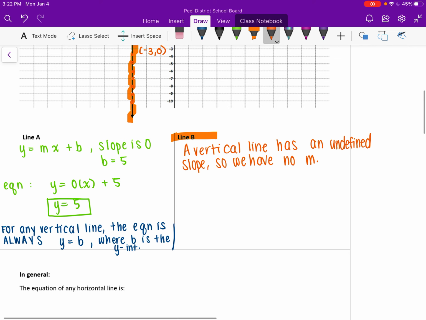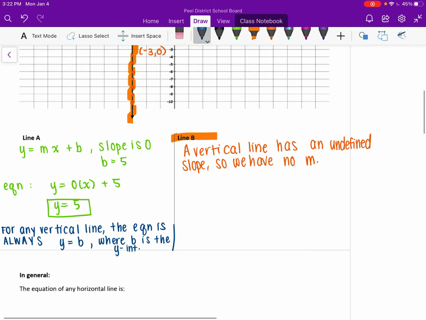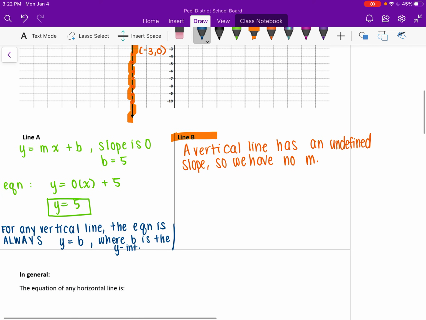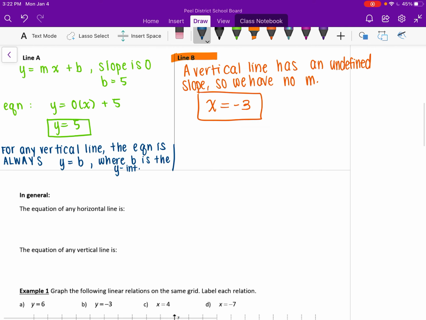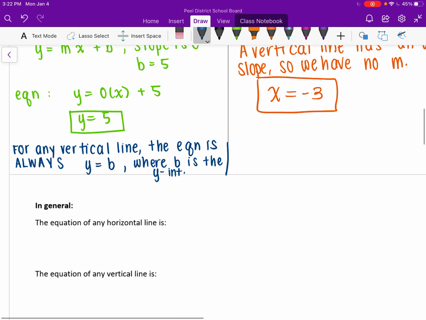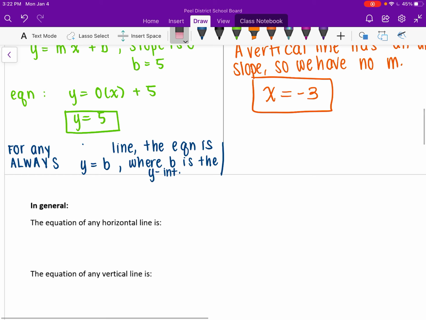So what we say is that x is equal to negative 3, which is true because no matter where you are on the line, x will always equal negative 3. When we said the equation was always y equals b, sorry, that was for a horizontal line. My apologies.